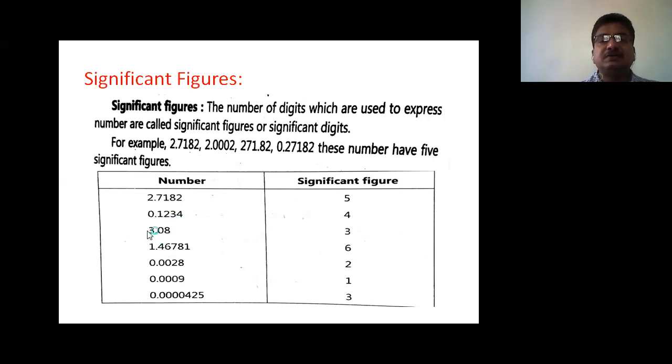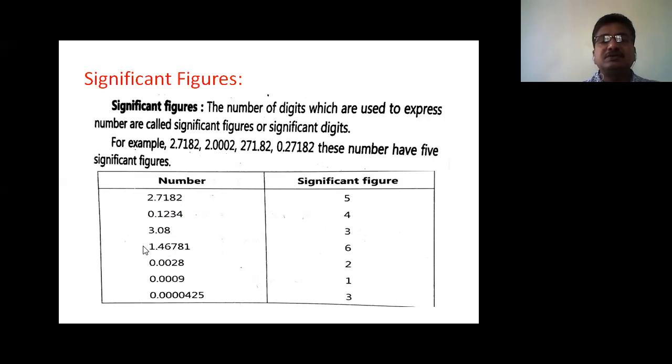Okay. So this 0 is counted in this significant figures in this number. Okay. So the number is 3.08, and the number of digits used to express this number are what? Are 3, and therefore significant figures of this number is equal to 3.